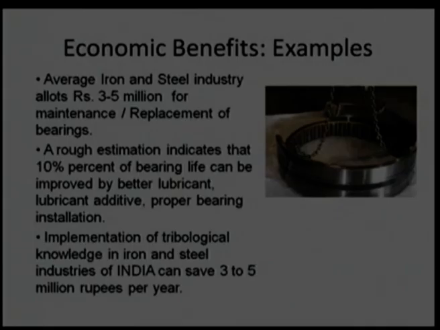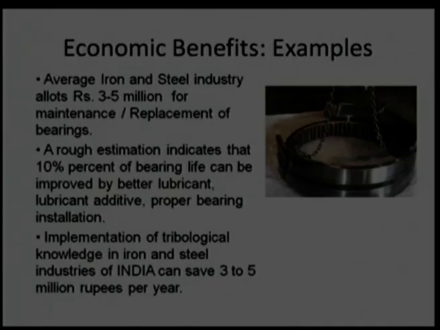That is a huge amount, and in India we have 10 plus such industries. Thinking of at least 10 industries and leaving all the others aside, if these industries are able to save this much money, that will be very helpful to us. Say, in the worst case, I am able to save 10% of the bearing life. As per my understanding, bearings mostly fail because of mounting and maintenance problems.